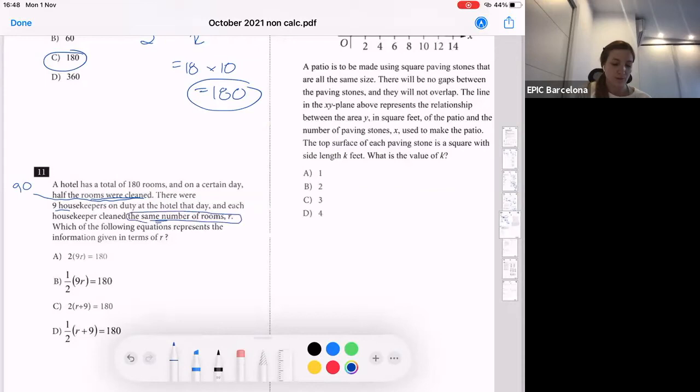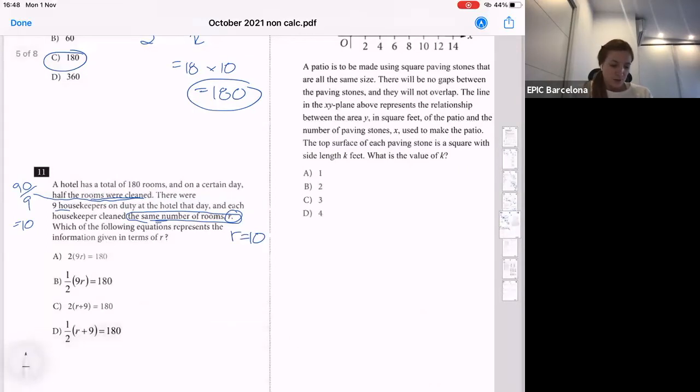So 90 divided by 9 is equal to 10. So each housekeeper cleaned R, so R must be equal to 10. They each cleaned 10 rooms. Which of the following equations represents the information given in terms of R? Okay, amazing.